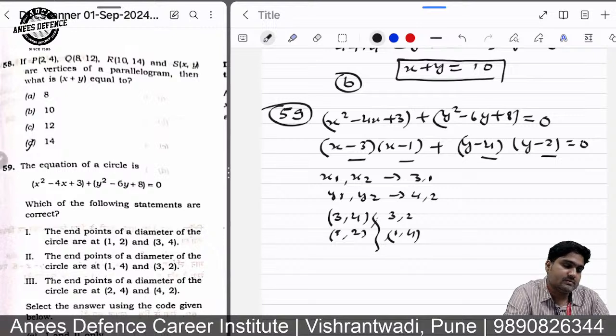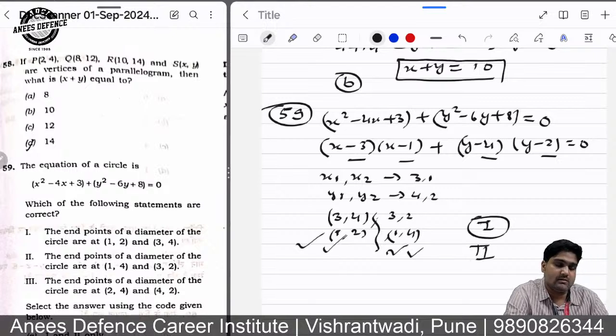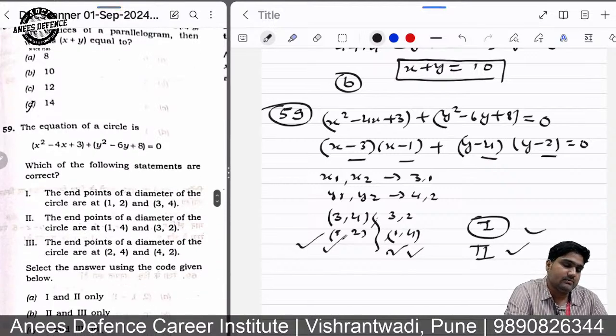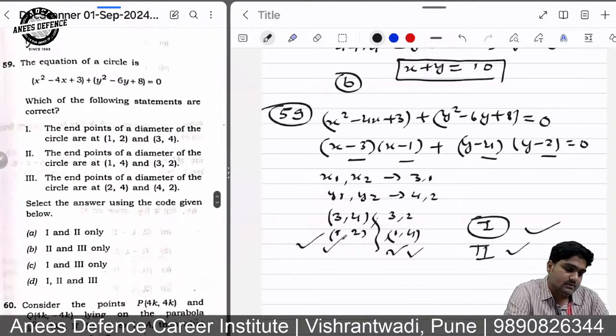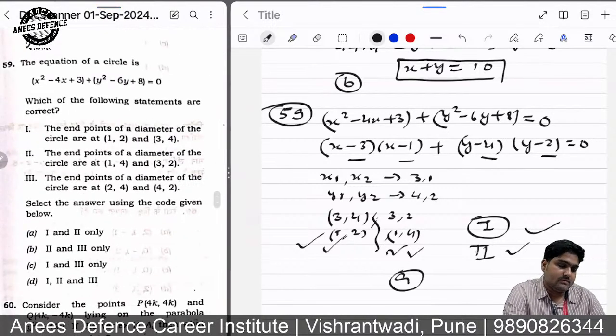The endpoints of the diameter of the circle are (1, 2) and (3, 4), so statement 1 is correct. (1, 4) and (3, 2) are also endpoints of the diameter, so statement 2 is also correct. (2, 4) and (4, 2) are not endpoints of the diameter, so statement 3 is wrong. These two statements are correct, so the correct answer for question number 59 is option A.